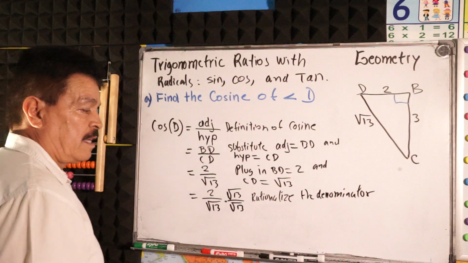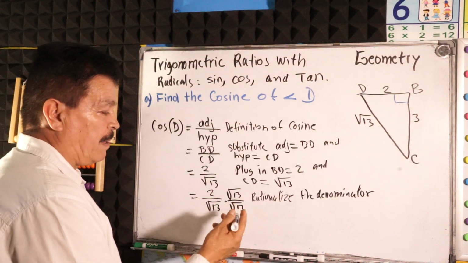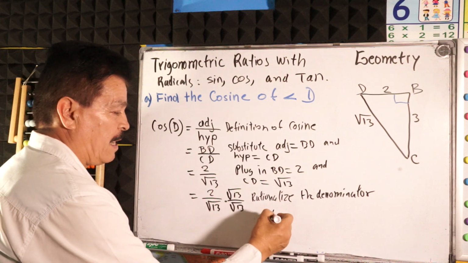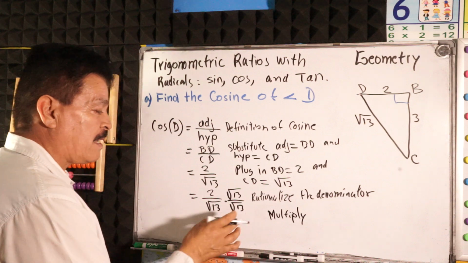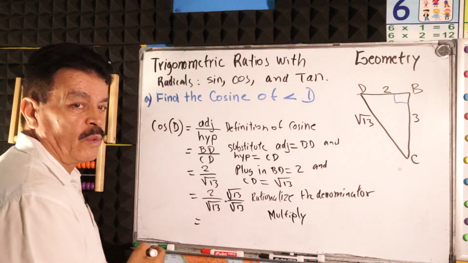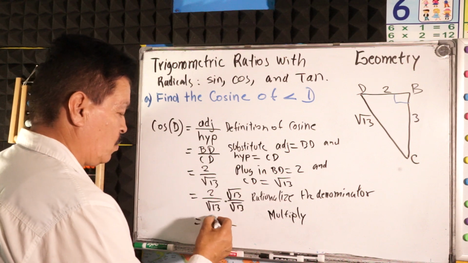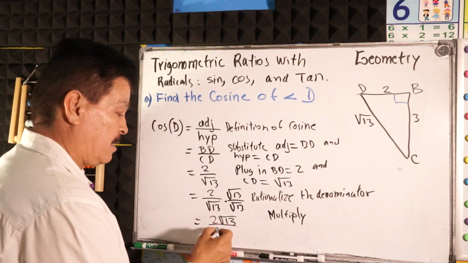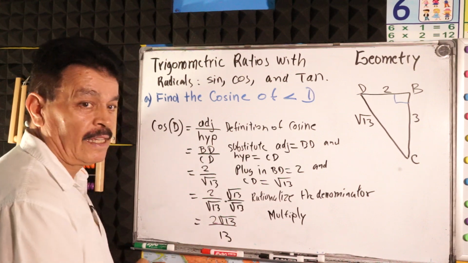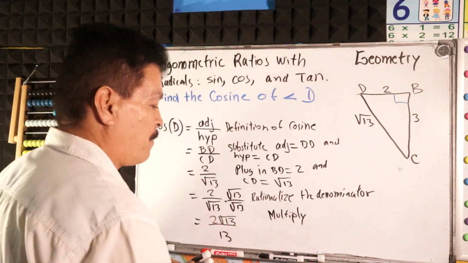Next step, multiply. If you multiply, you will get the answer: 2 times the square root of 13 divided by 13. See? So then our conclusion.